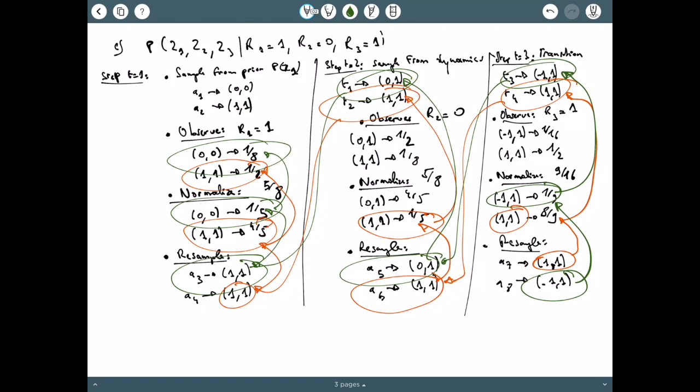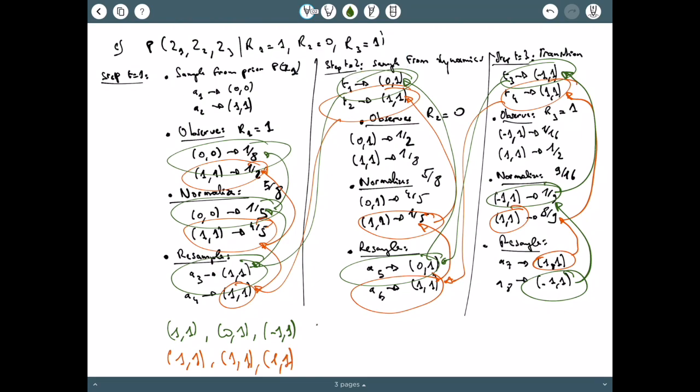So now if we track down the green path in terms of resampled particles, we have 1, 1, 0, 1, minus 1, 1. And the orange path is 1, 1, 1, 1, 1, 1.